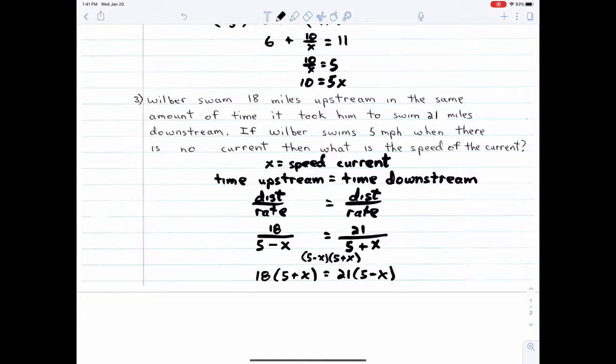And then I can simplify this and take a 3 out of each of these. So this would become 6, and this would become 7. And then you just distribute and finish solving it.